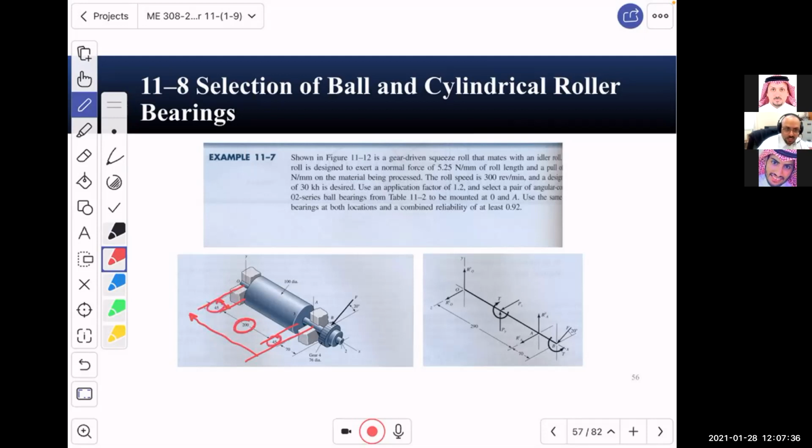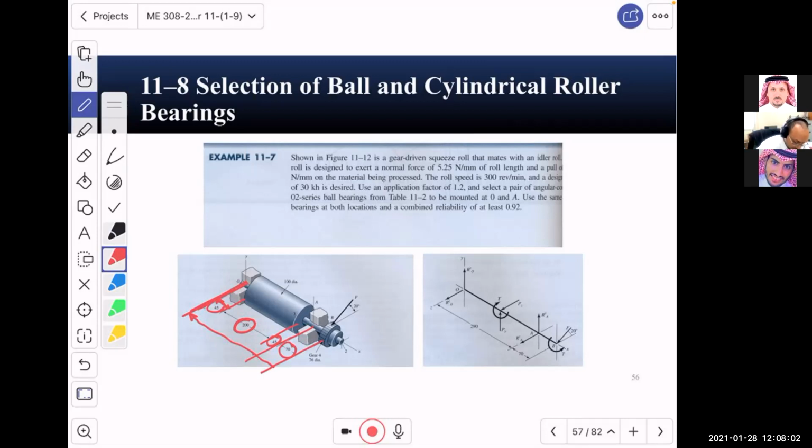That's 290. If for any reason you need to include the force in the gear all the way to point O, which we will do when we take the moment, then you should add 45, 45, 270. That distance 70 is the distance from the location of the bearing.